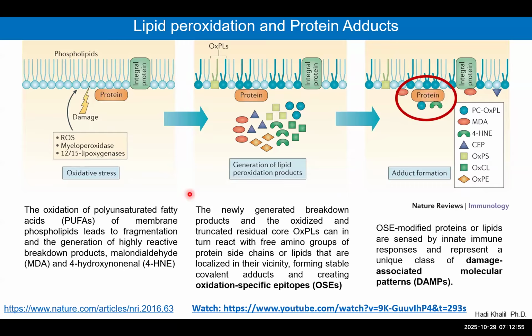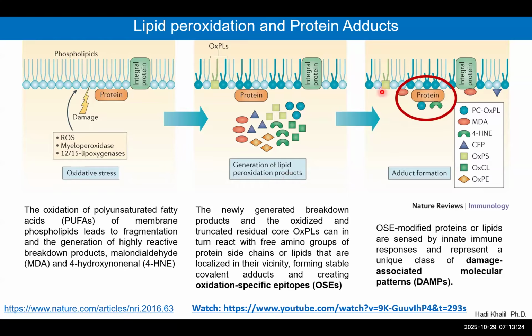So we generated those aldehydes, the 4-HNE and MDA. It's again written for you here. Please remember these two names. Those newly generated lipid peroxidation products will form covalent, stable bonds with the protein side chains.